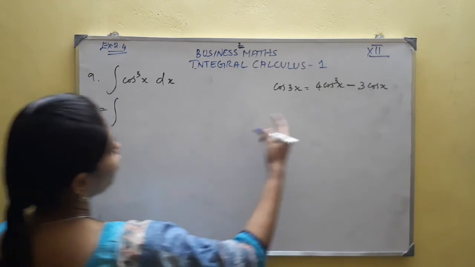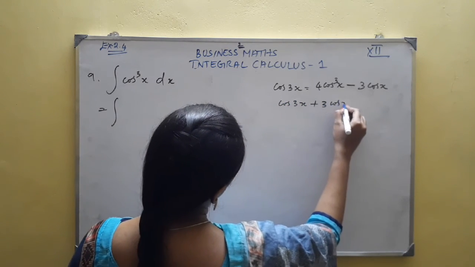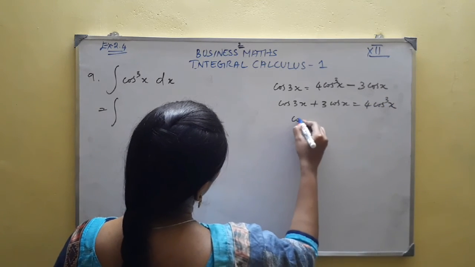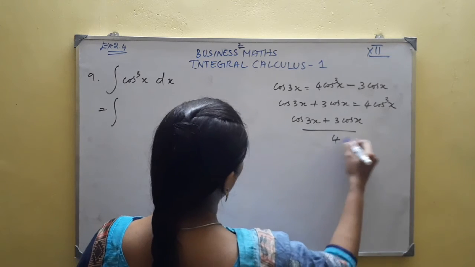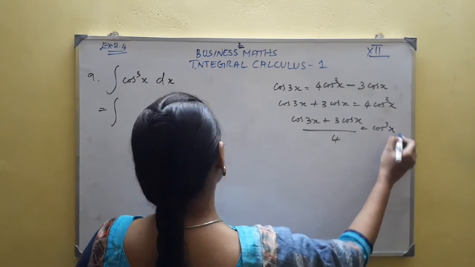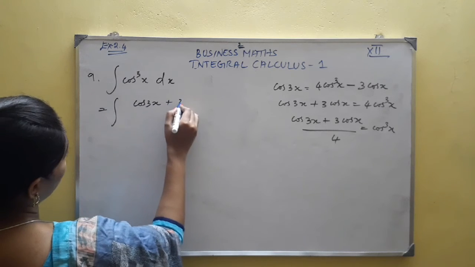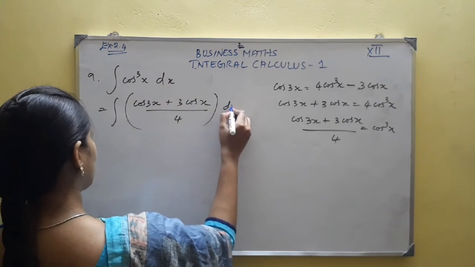So in the place of cos cube, I can rewrite this as plus 3 cos x equal to 4 cos cube x. So this is nothing but cos 3x plus 3 cos x whole divided by 4 equal to cos cube x. So in the place of cos cube x, I can write cos 3x plus 3 cos x whole divided by 4 into dx.